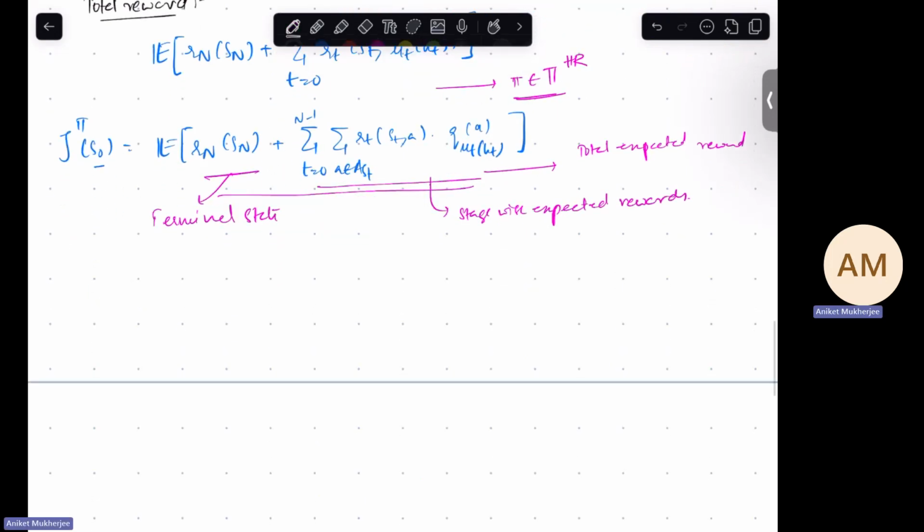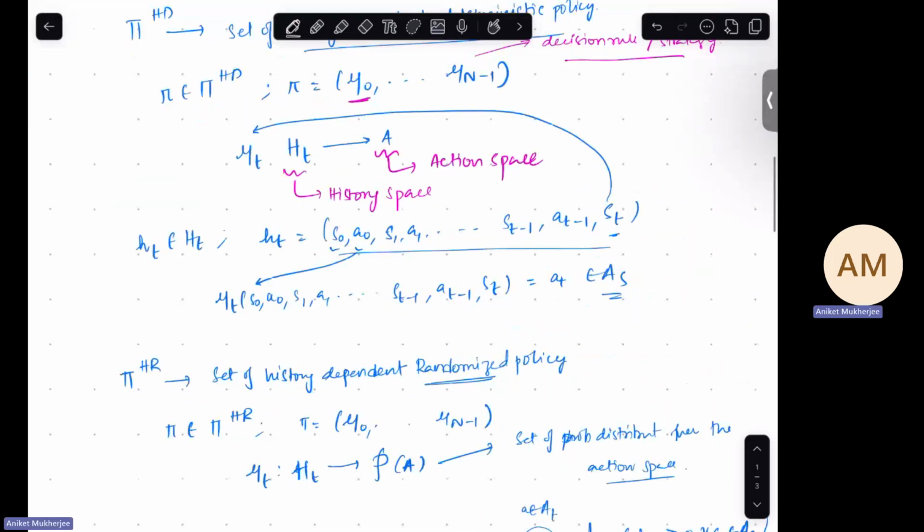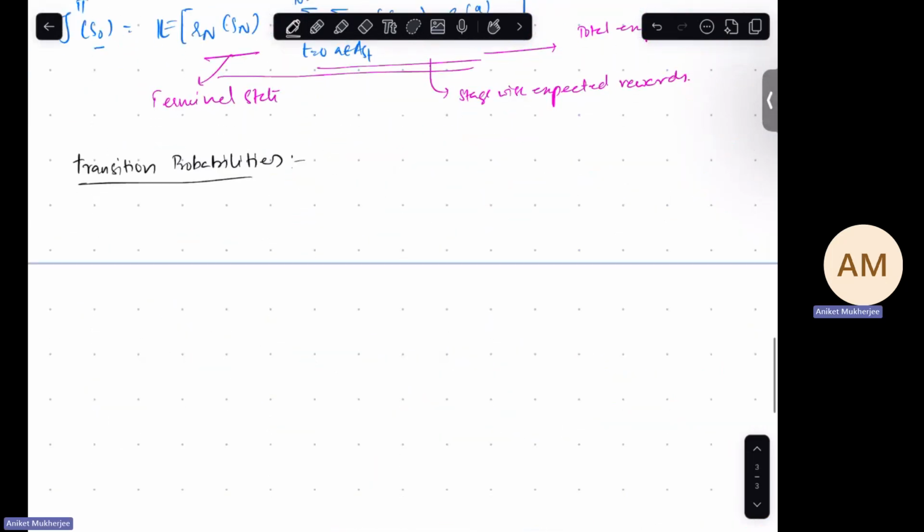So next we saw the transition probabilities. Similarly, what you want to find is the probability that you'll end up at state J if you start at state S and follow the policy pi belonging to history dependent randomized policies. This is a summation over all the action space.